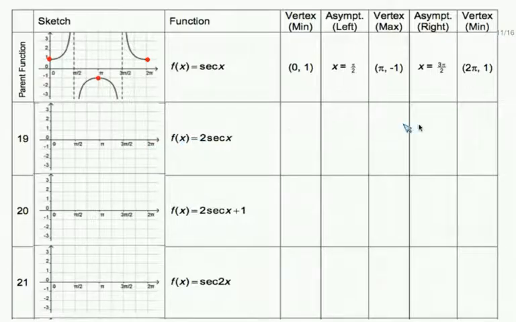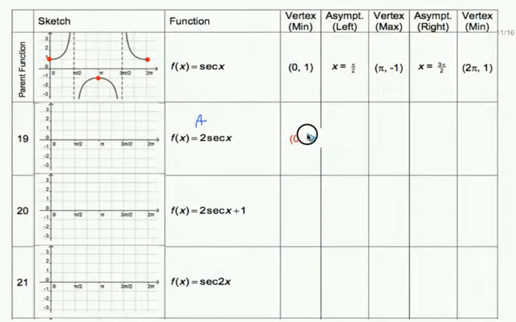Now again, your a value is the number out front, and it doesn't matter what type of trig function, the a still does the same type of thing. It's still going to be a vertical stretch, compress, or reflection. Okay, and so your x values are not going to change.